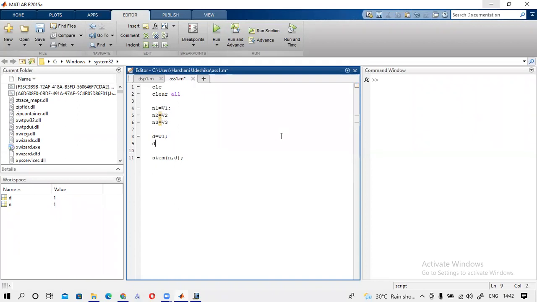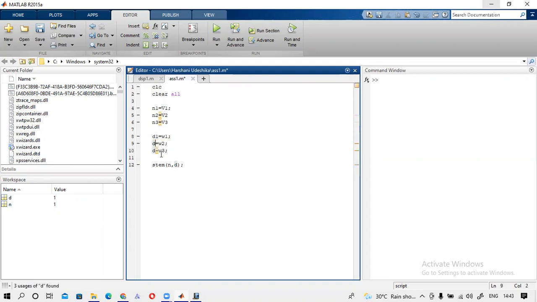Another impulse I will put like this, W2, and B is equal to W3, and so on. Let's say this is D1 and this is D2.